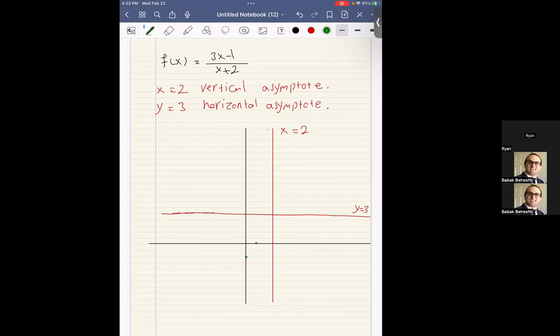Oh, sorry, x equal to -2 is a vertical asymptote. I don't know why I put 2, so I have to correct myself. X equal to -2 is a vertical asymptote, because when x approaches -2, this goes to infinity. So I have to erase this.